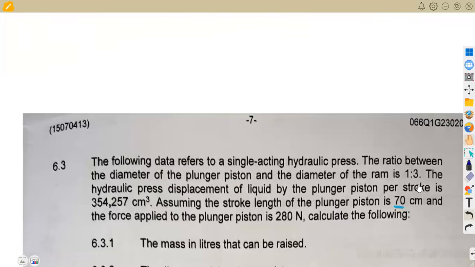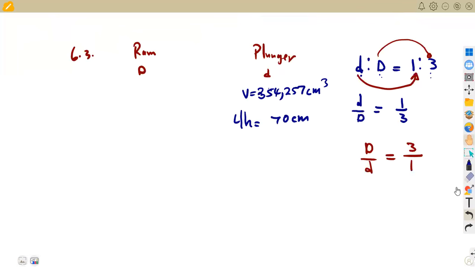And we are also given that the force applied to the plunger piston is 280 Newton. Everything here is on the plunger. So that is the information that we're given.